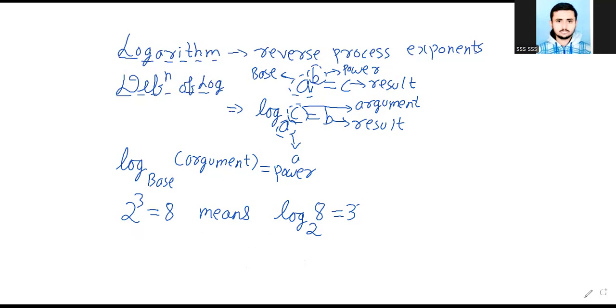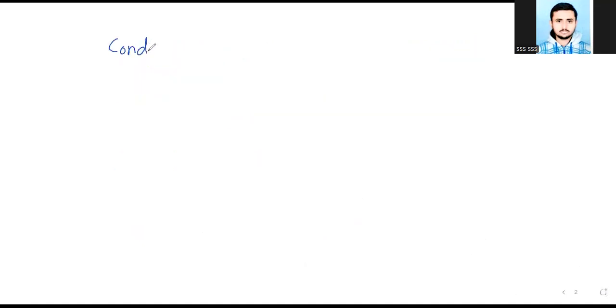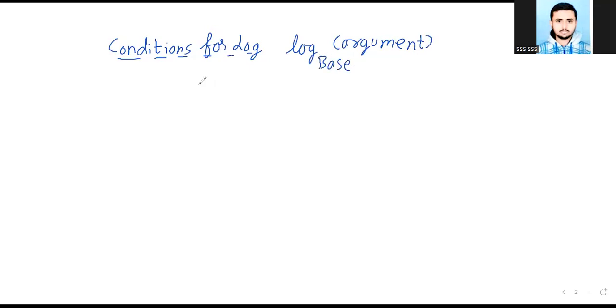All right. Now, this is the basic meaning of logarithm. First of all, a logarithm is defined only under specific conditions. So what are the conditions for logarithm? Let us assume we have log of an argument to a specific base. The first condition is that the argument of logarithm needs to be positive, meaning argument is greater than 0.